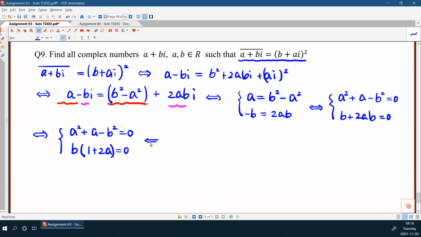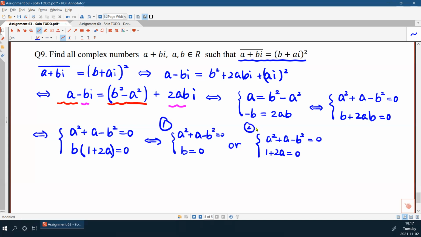Okay, so the second equation is equivalent to b is 0 or 1 plus 2a is 0, right? And let's just keep the first one unchanged. Let's call these system number 1 and system number 2.